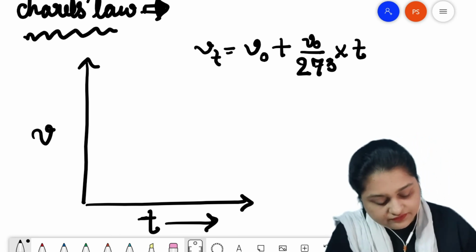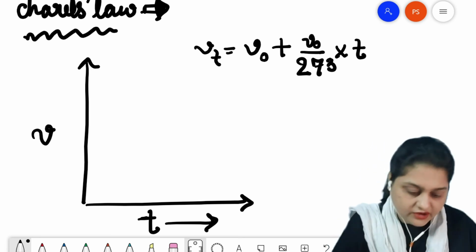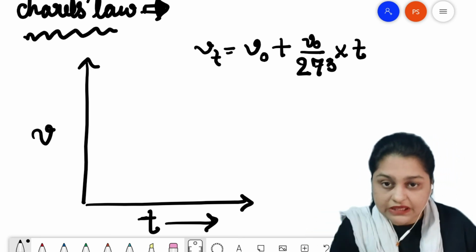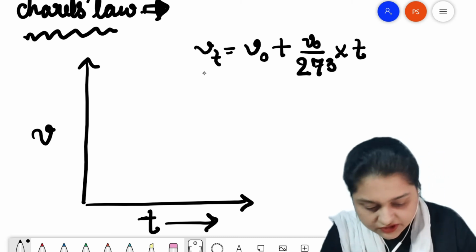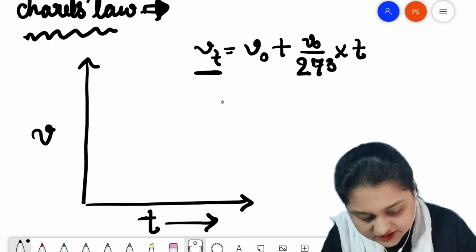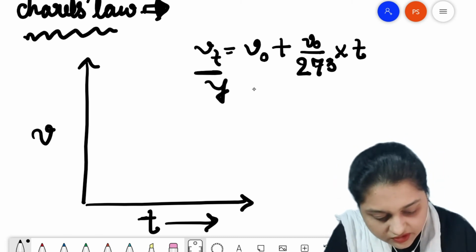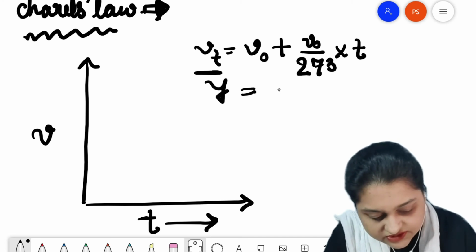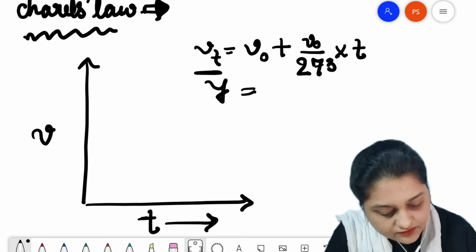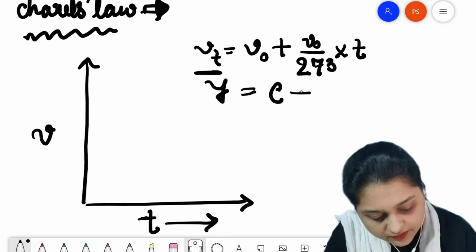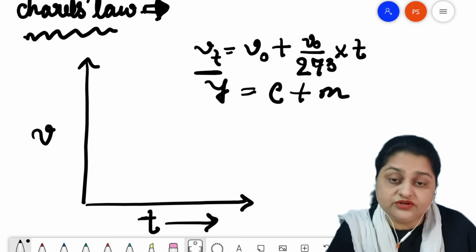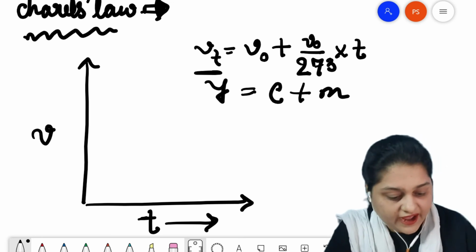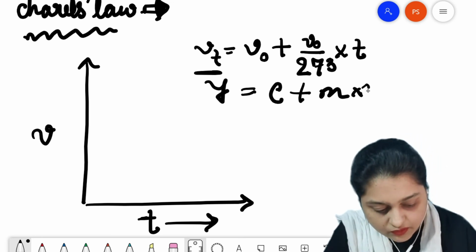Now we are graphically plotting the V versus T plot. V is the y in this expression. V naught is the constant C, plus M is the V naught by 273, the slope, and T is our x.